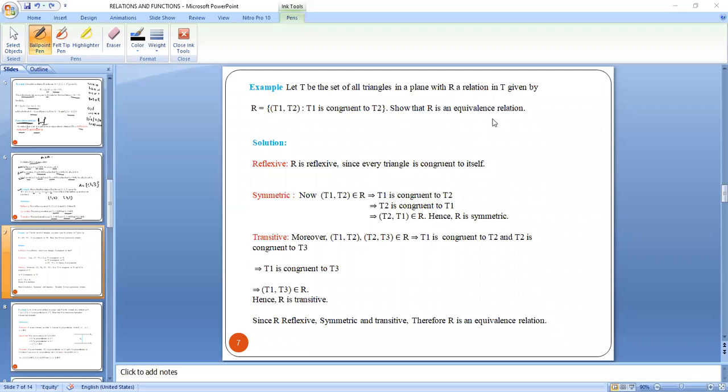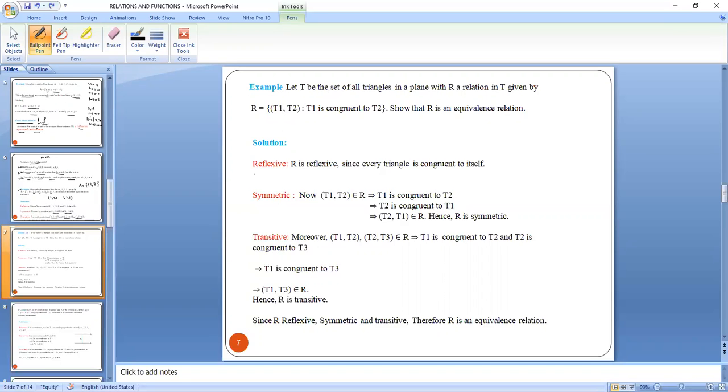Show that R is an equivalence relation. So the relation is ordered pair T1, T2 such that T1 will be congruent to T2. Whatever two elements will be there in the ordered pair, the first element will be congruent to the second element, right?